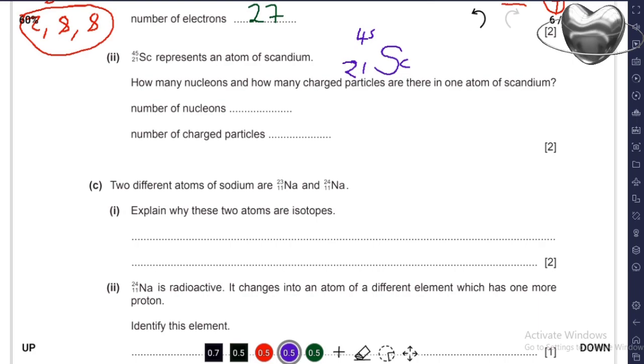How many nucleons and how many charged particles are there in one atom of scandium?